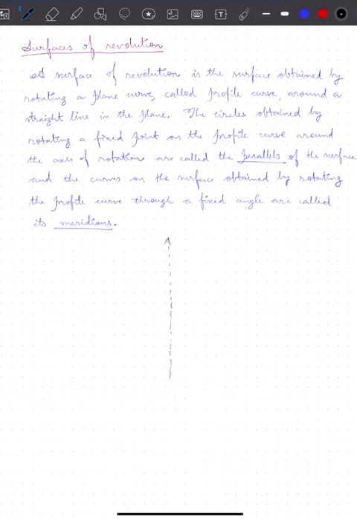So we have x, y, z, and say we have some profile curve which lies in the xz plane.